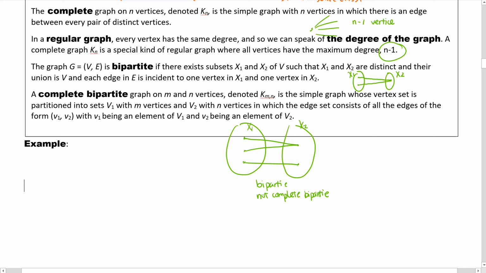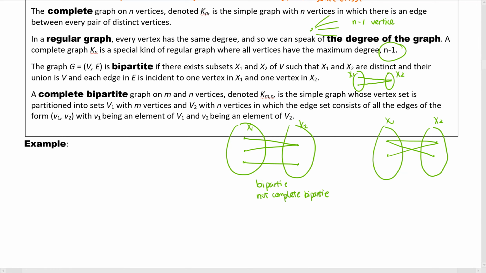So it's bipartite, but not complete. In order to form a complete bipartite graph, for each vertex in X1 there must be edges connecting it to all the vertices in X2. So this vertex has edges connecting to both of them, and so does that vertex.